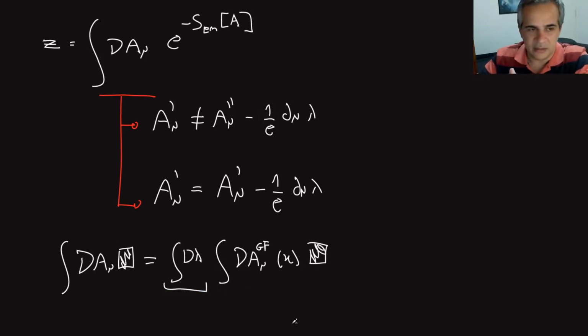So that's our aim. We want to find a mathematically rigorous way of separating this sum over the inequivalent physical configurations and the sum over the configurations that are all physically equivalent, right?